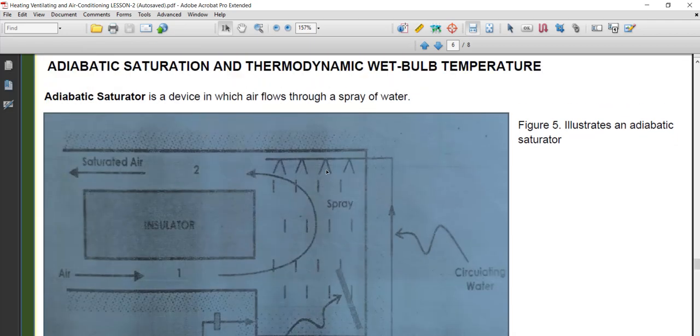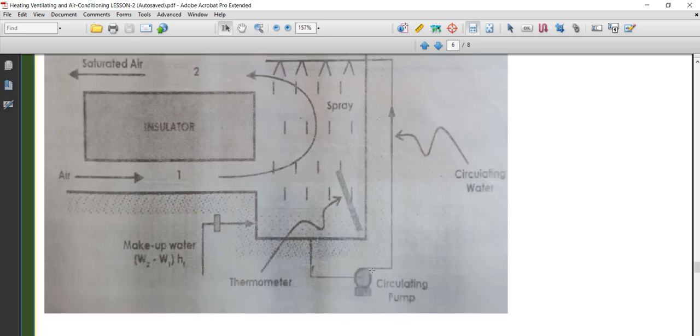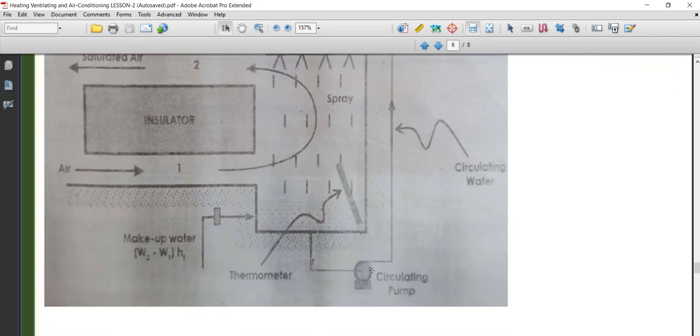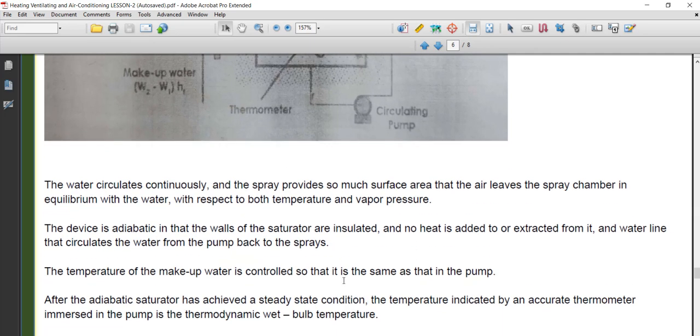That's why we call it an adiabatic saturator. You also have makeup water to compensate for the loss if the water decreases. So we have the explanation here, you can read that one. Let's pass that.